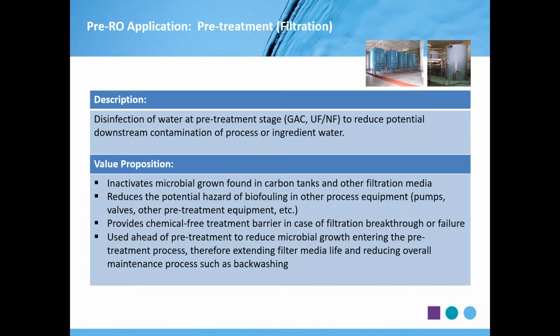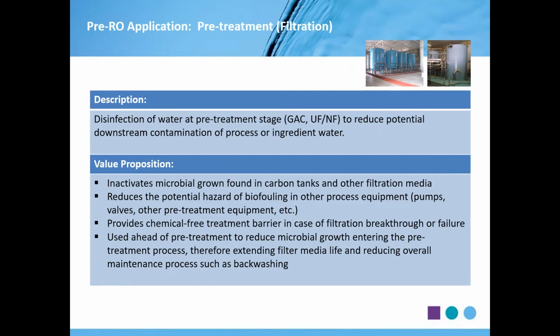So a little further up the line, we get into pre-treatment. Where there might be pre-treatment such as carbon or other ultrafiltration, this is an excellent spot to combine medium pressure UV. Carbon's often in place to, say, remove chlorine or other contaminants.